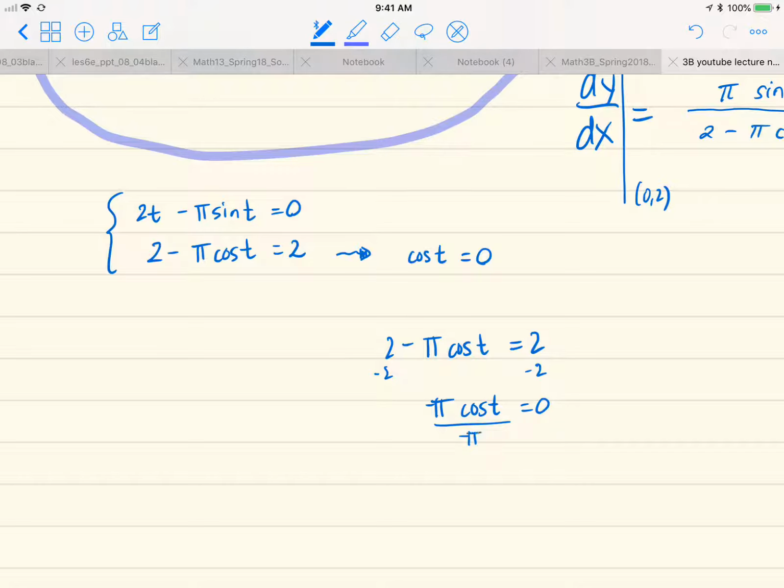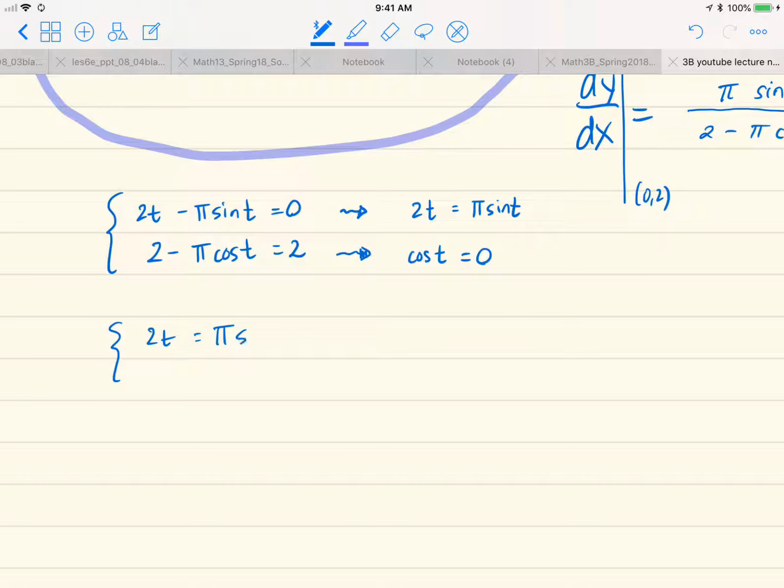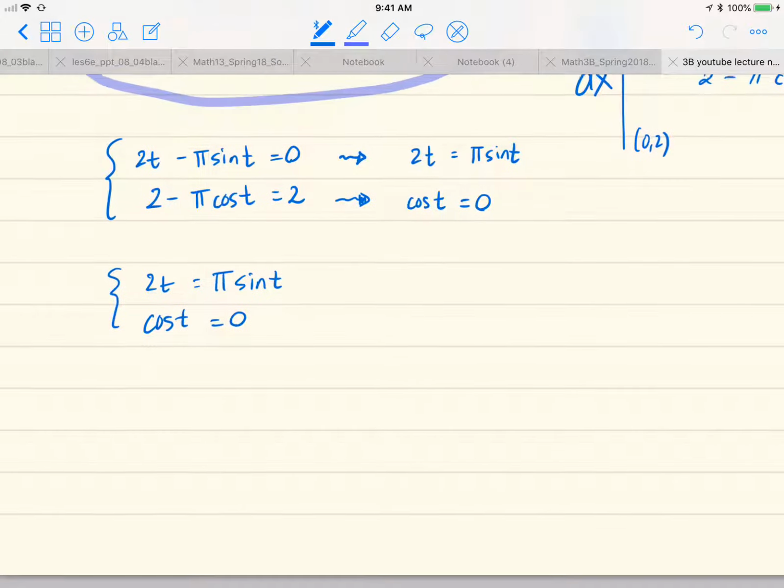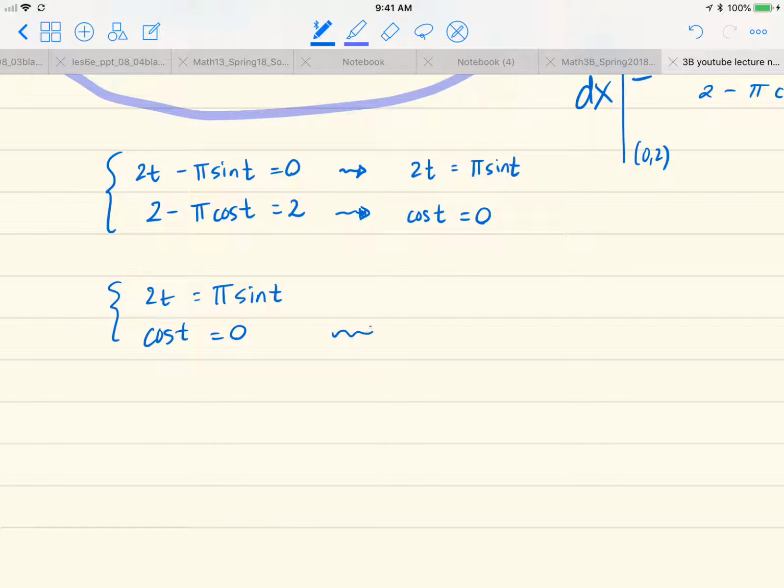We can divide both sides by minus pi, and we just get cosine t equals 0. And now the first equation simplifies to 2t equals pi sine t. So we could rewrite this system as 2t equals pi sine t and cosine of t equals 0.